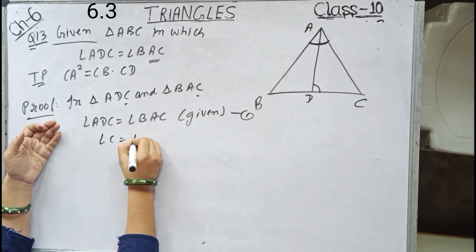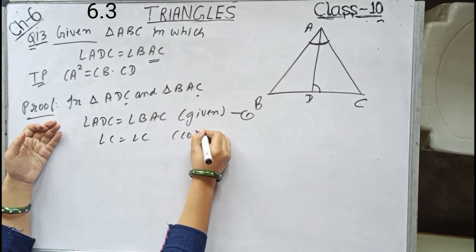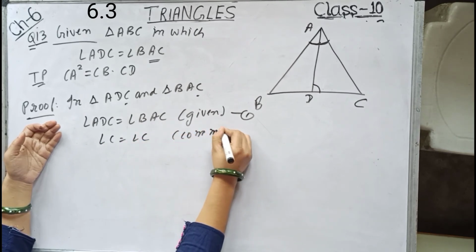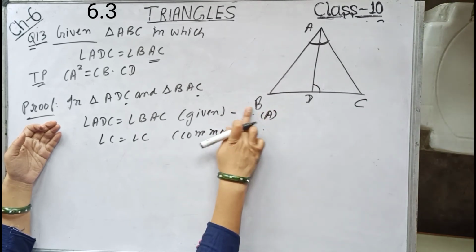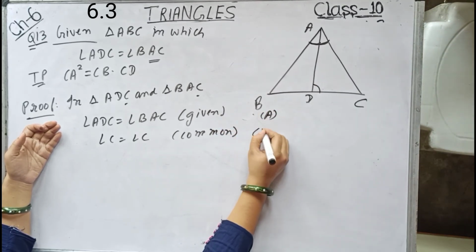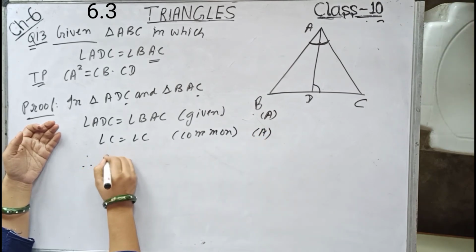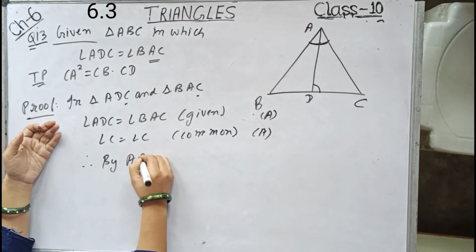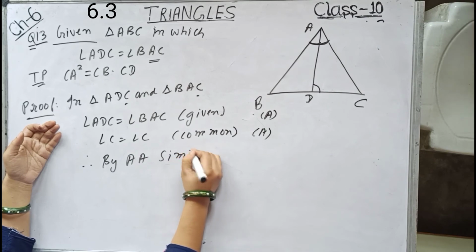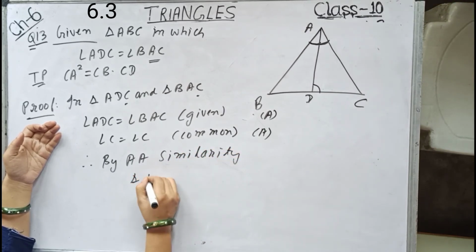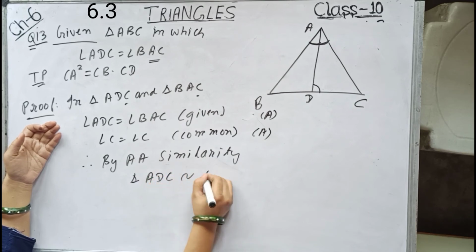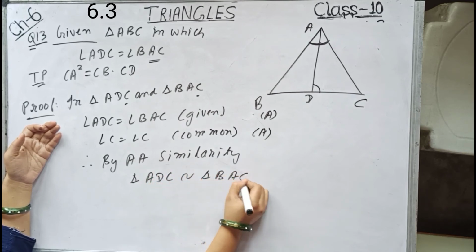So angle C equals angle C, common. So therefore by double A similarity, triangle ADC is similar to triangle BAC.